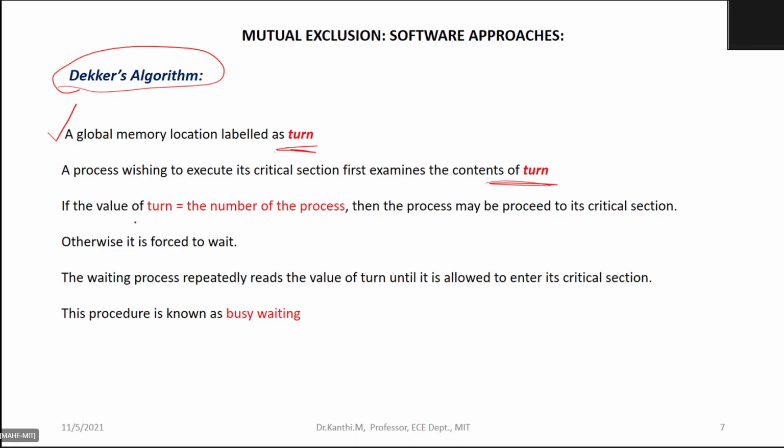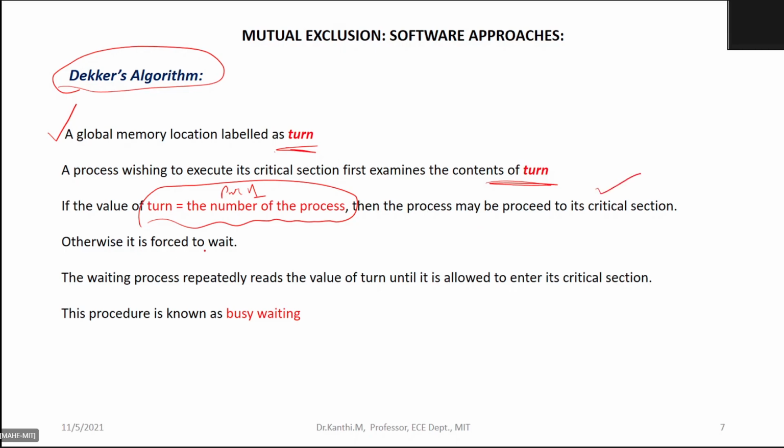The value of turn should be, suppose, equal to process 1. Okay, it means it is my turn to make use of the critical section. If the value of the turn is equal to the particular process, then the process may proceed to its critical section.